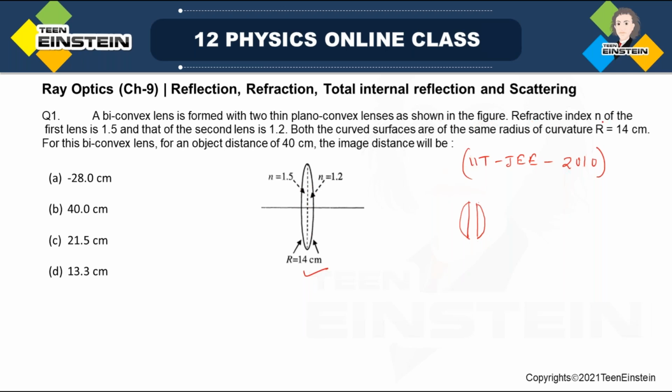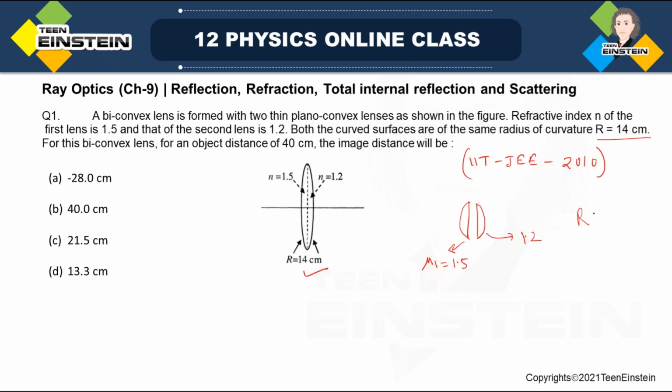Refractive index N of the first lens is given, suppose this is mu1 is 1.5, and that of the second lens, this is 1.2. Both curved surfaces are of the same radius of curvature, 14 centimeter.